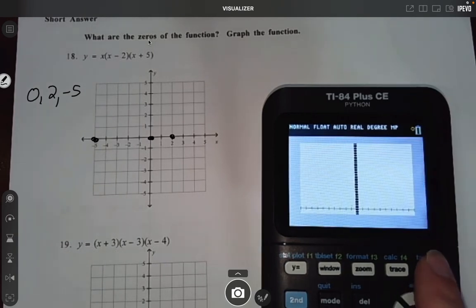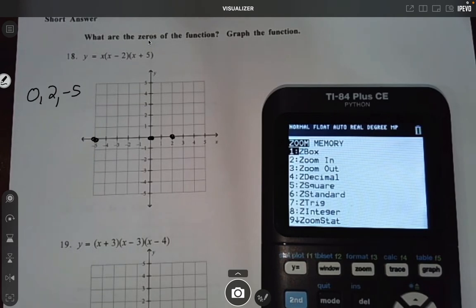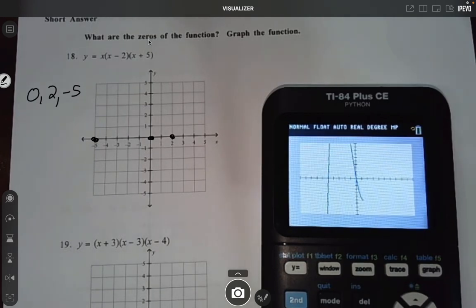And then when I graph it, oh, my window's all messed up. I'm going to see if I can zoom 6. I can. All right. So I can tell that this side, what happens over here? It goes like off the chart. Like you don't even have to draw that. Let me redo that. That looks terrible. Let me just make it look a tiny bit better.